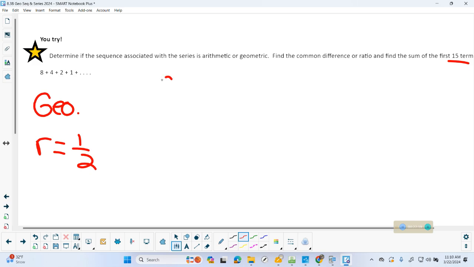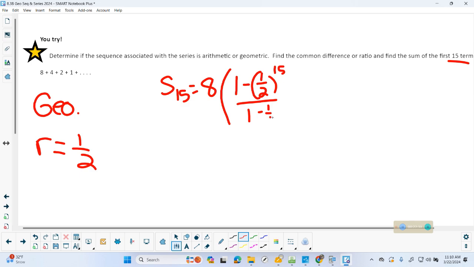So we're going to do the sum of our first 15 terms. The first term of the sequence, 1 minus r to the 15, over 1 minus r. Okay, pros and cons to this. This is uglier to type in for sure, but you don't need to find the actual 15th term. It's going to get the sum for you for all of that right there.